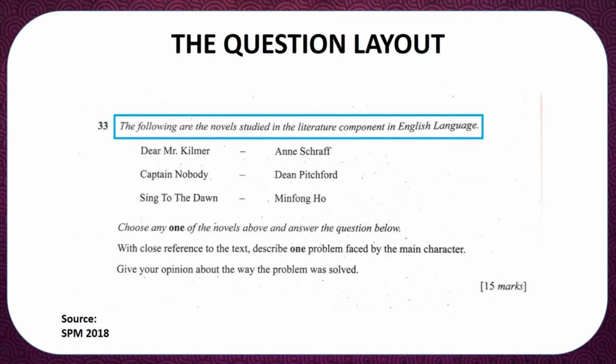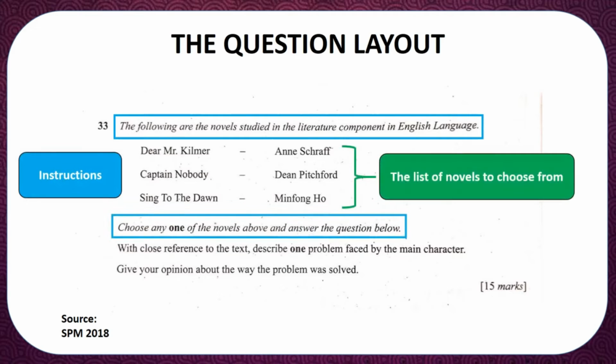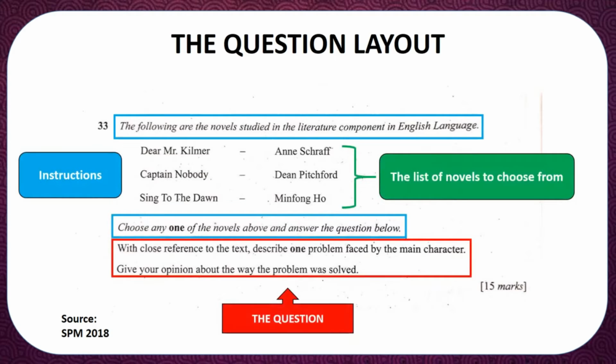As we have seen in the previous video, this is how all novel questions look like. This is basically the layout, where it has instructions and list of the novels which are available for you to choose from, the real question, as well as the marks.